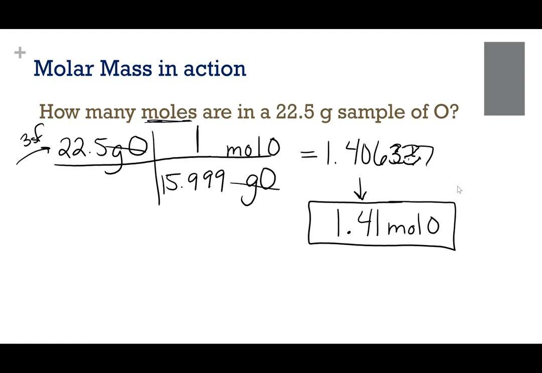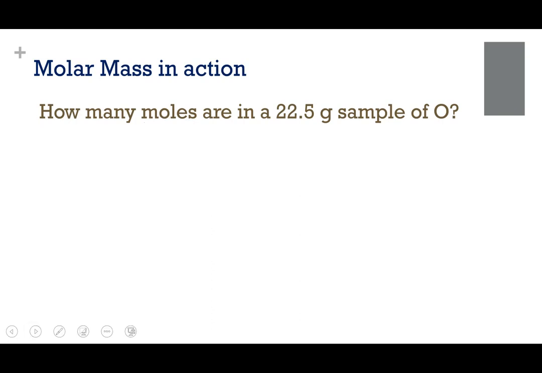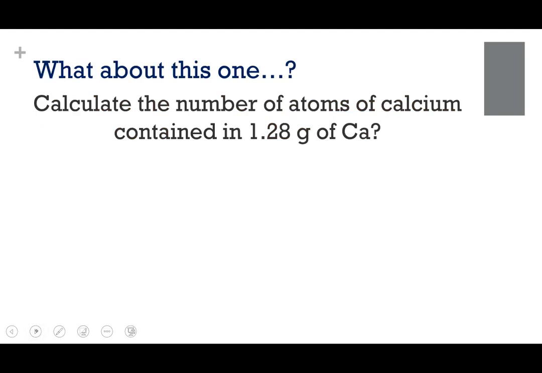What if I wanted to do something silly, like weigh out some calcium, and I weigh out 1.28 grams of calcium. And I want to know how many atoms of calcium are sitting on that scale. Well, how in the world would I do that?